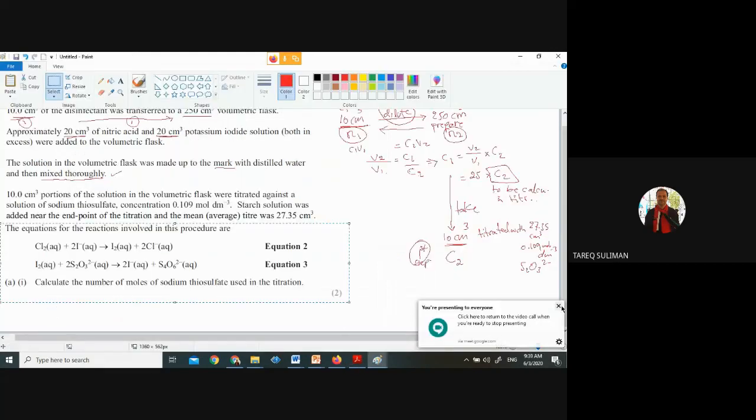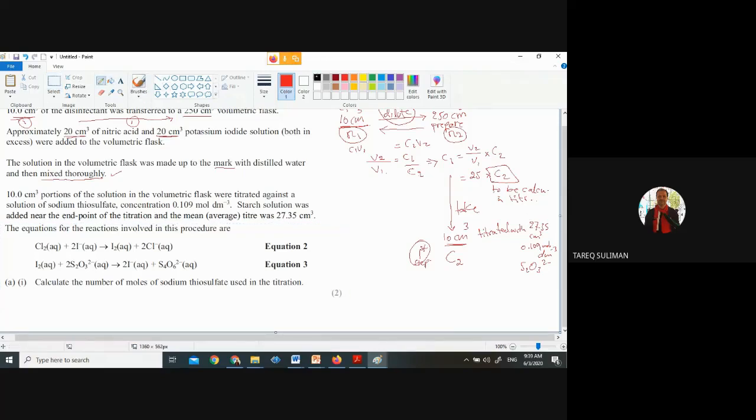The first thing to do is to start by calculating the number of moles of the reactant whose volume and concentration are given. Which reactant is this? Which one? Thiosulfate.